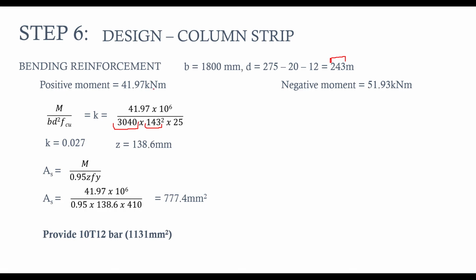The only region where you are going to be using the D of 275, that is including the drop panel and the thickness of the slab, is the negative moment for the column strip. That is the only location where you use a D that comprises the thickness of your slab and the drop panel. So because of that, when we substitute for B, our B is now 1.8, which is the width of the column strip along the drop panel, and then the D is 243.